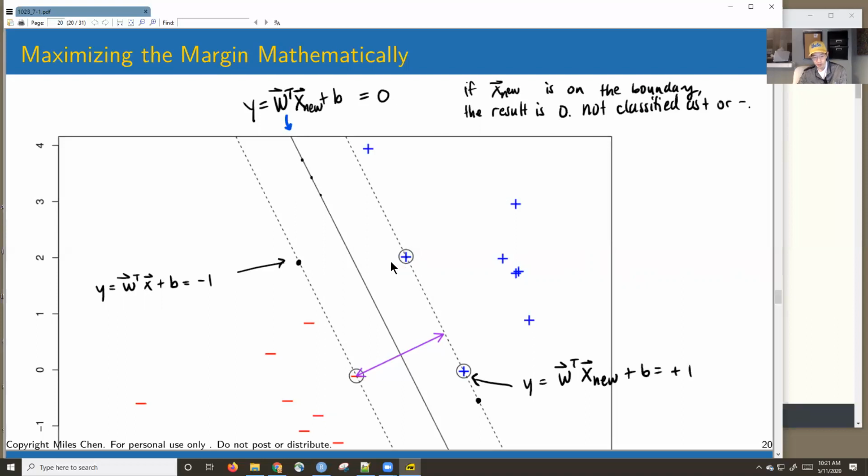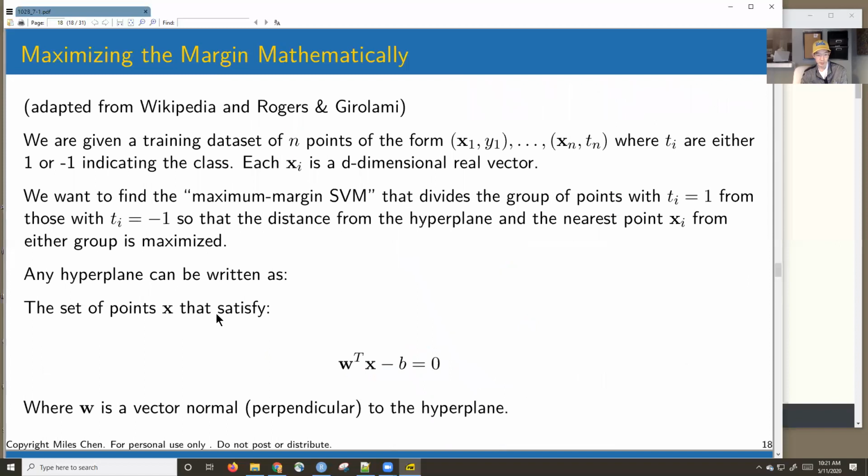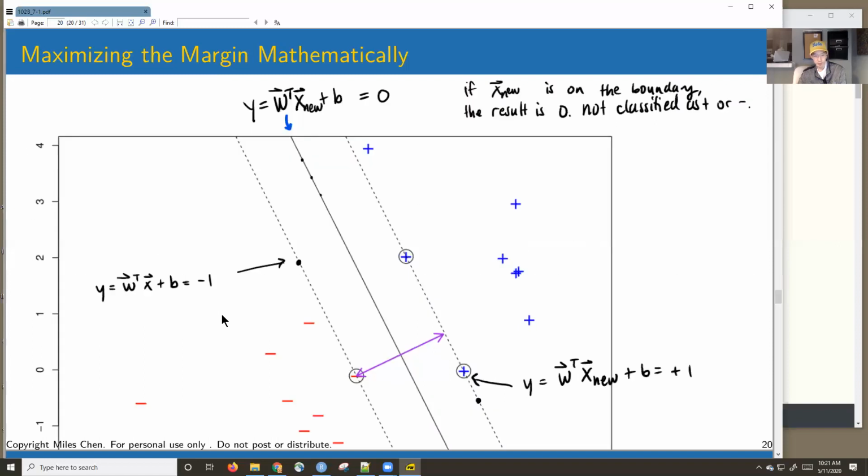As far as the dots that go on these hyperplanes, they will be classified as +1, and dots along this hyperplane will satisfy the equation that w transpose x plus b is equal to -1. Somehow I have a plus. It doesn't matter. It's just some constant b.